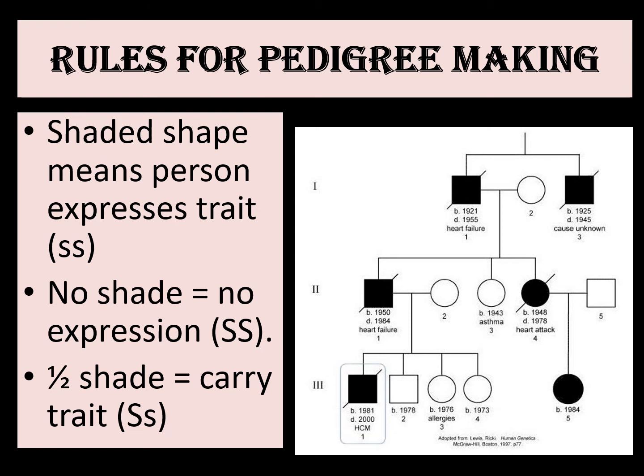So what you want to do is shade in anyone that doesn't roll their tongue, okay? If they're not shaded, that means they don't express that trait, okay? And if they're half shaded, that means they're heterozygous. That means they're carrying the trait, but they're not necessarily expressing it, okay?